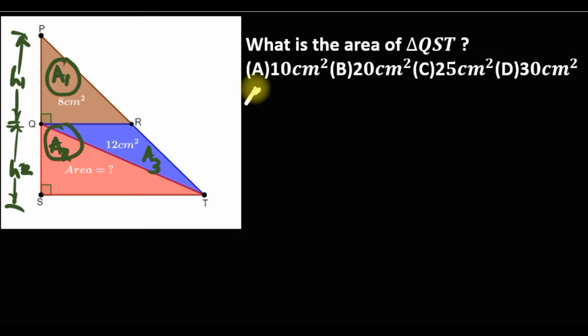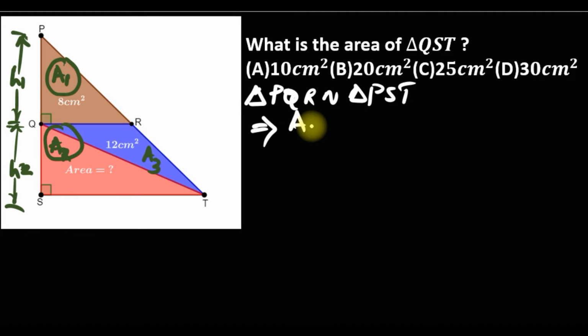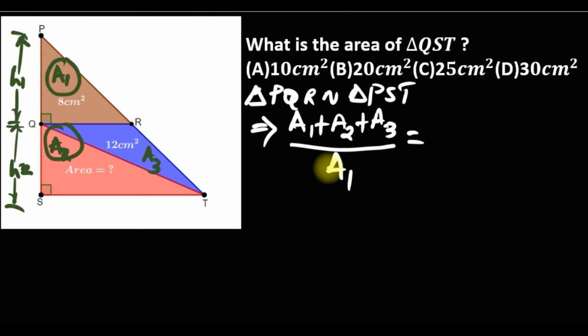So triangle PQR is similar to triangle PST. Which implies the ratio of their areas: the area of the big triangle is A1 plus A2 plus A3, over the area of PQR, which is A1, is the same as the ratio of the squares of their corresponding sides.